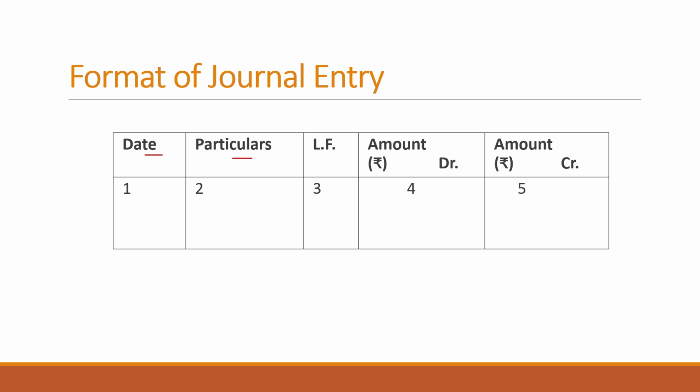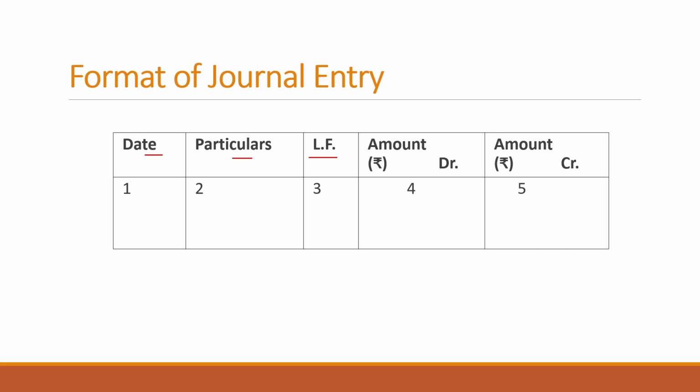Okay, and next it is about ledger folio. The transactions that are recorded in the journal are posted to various related accounts in the ledger, which is further elaborated upon in separate instructions. So we input the page number of the ledger where the account associated with the entry is opened and the journal entry is posted.